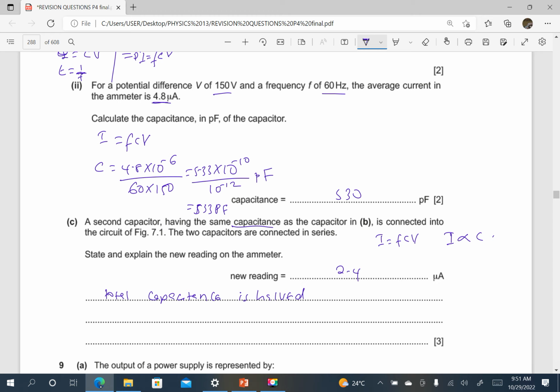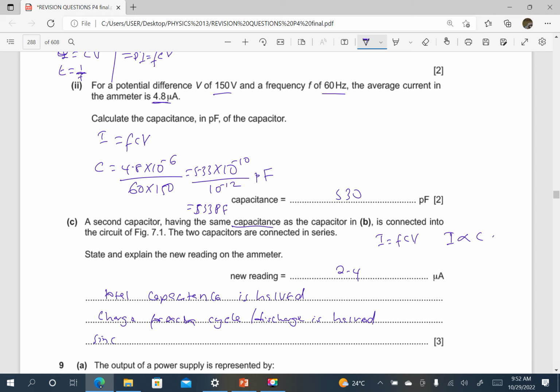Or, if you want to give details, the charge for each cycle, the charge for each discharge, is halved.